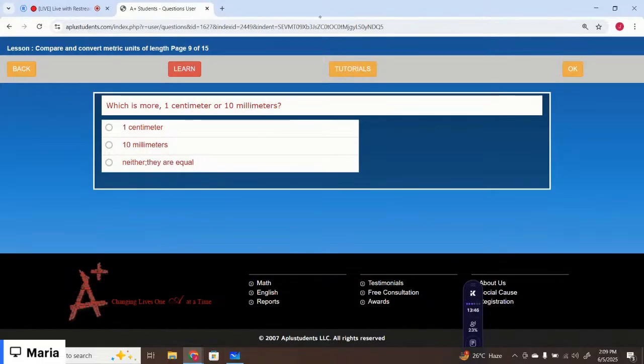Which is more, 1 centimeter or 10 millimeters? They are exactly equal.